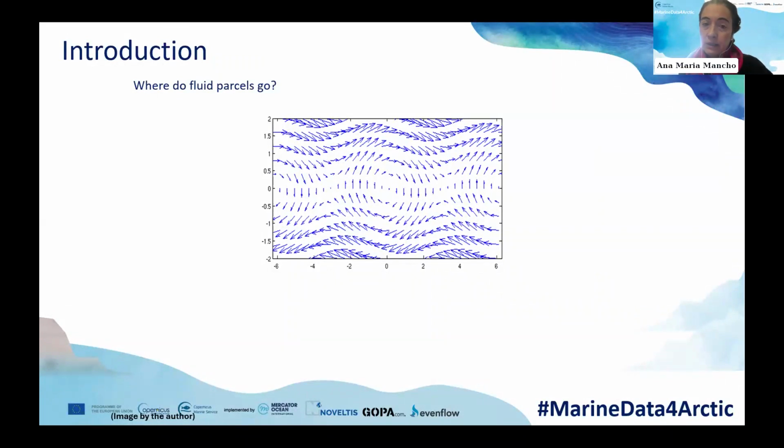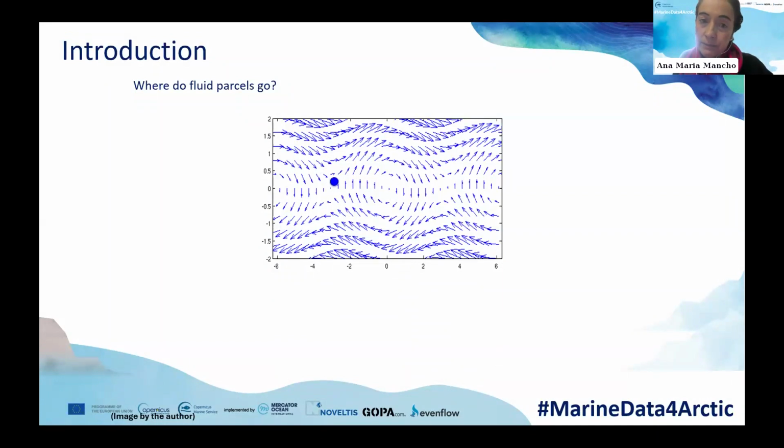as this one, where there are arrows that point in the direction of the currents. And to understand the transport question, the most important thing is to know where fluid parcels go.